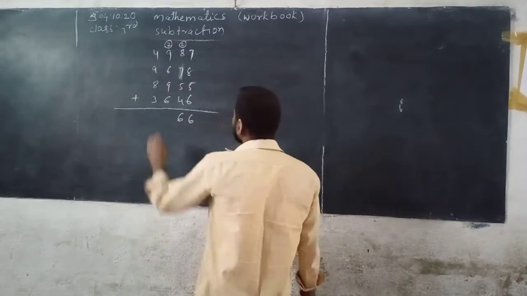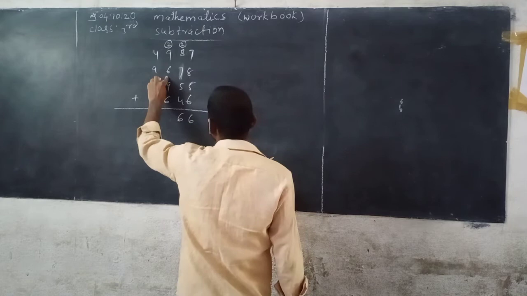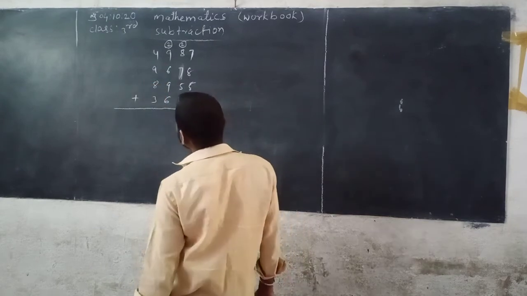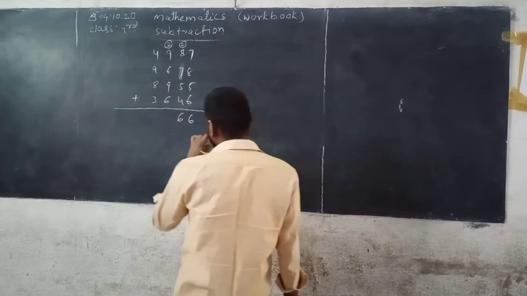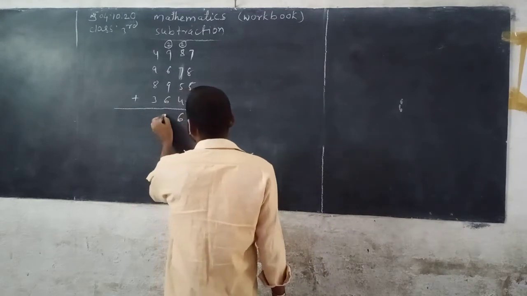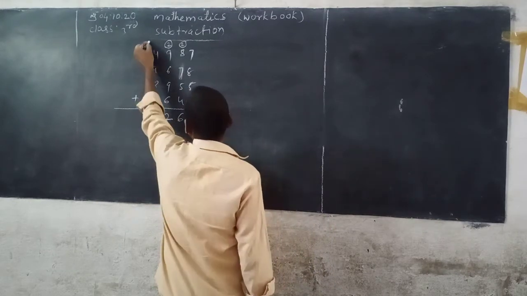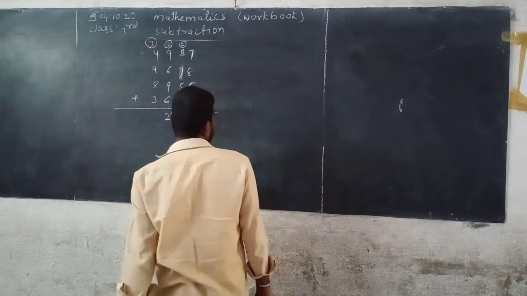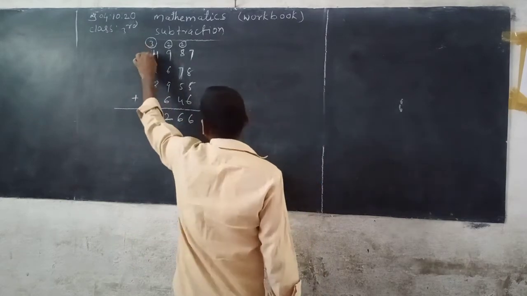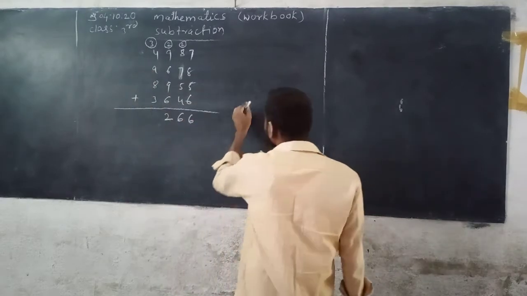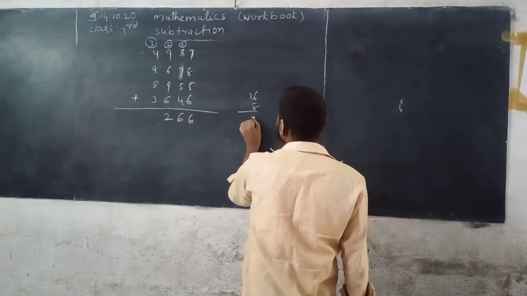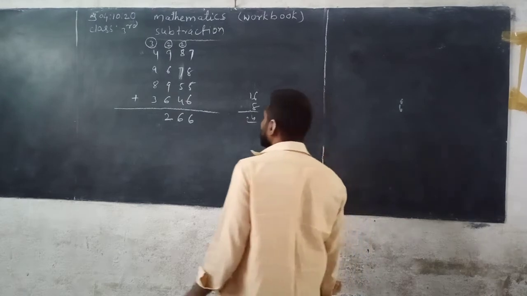Next 2 plus 9, 11, 11 plus 6, 17, 17 plus 9, 26, 26 plus 6, 32, 2 taking, carrying 3 to thousands place. Next 3 plus 4, 7, 7 plus 9, 16, 16 plus 8, 24, 24 plus 3, 27.